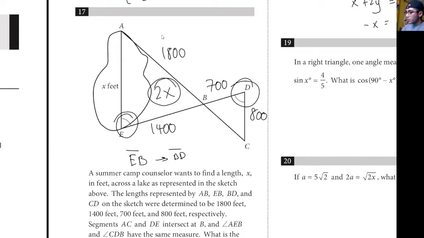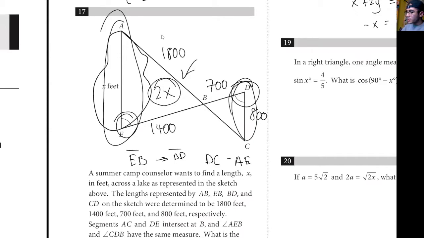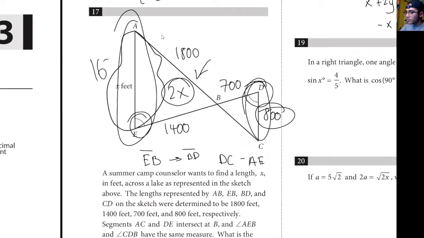So now we're trying to find AE, and DC is proportional with AE, not equal, obviously, but proportional. Since this triangle is 2 times the length of BDC, all we need to do is 800 times 2, and we're going to get 1,600 for this side.